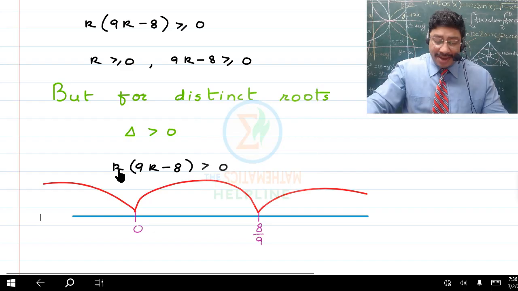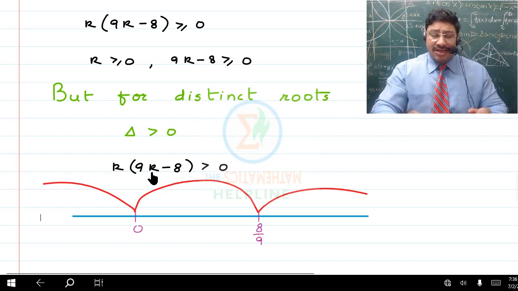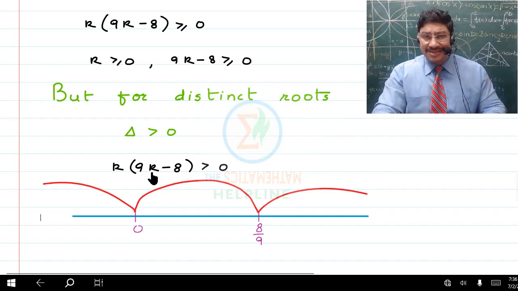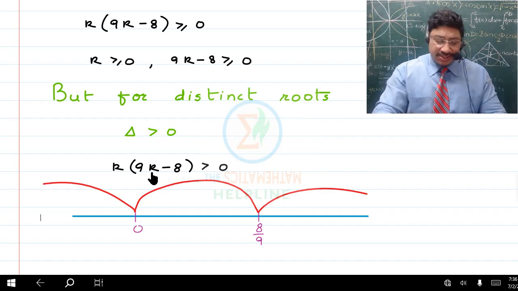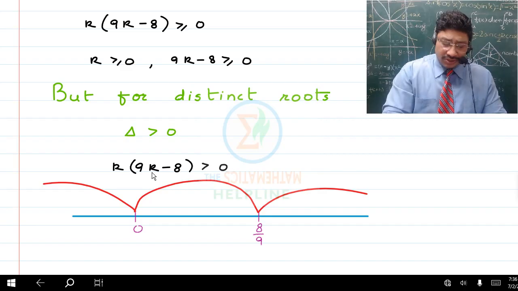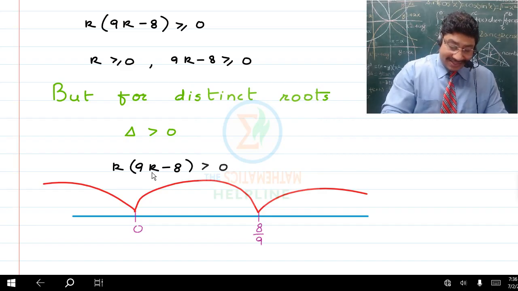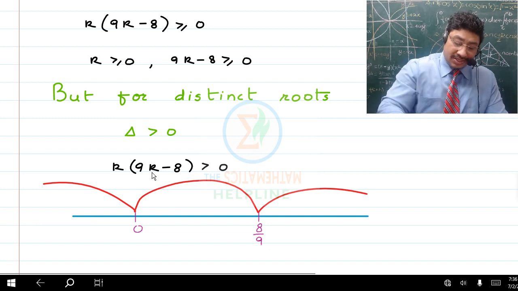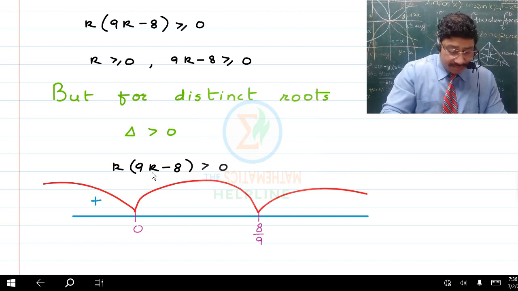And when multiplied with minus 1, it will become plus, right? As such, if it is plus, that means it must be greater than 0. So this is one of the portions which is required, and we talk about this portion to be the portion which is positive, right?